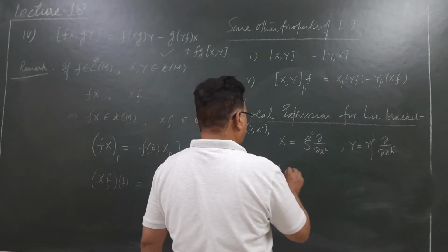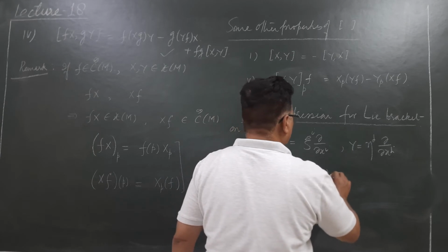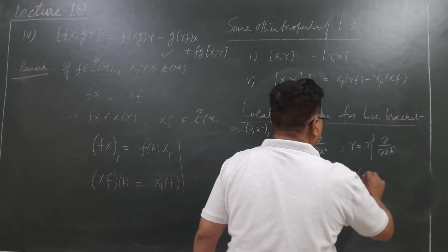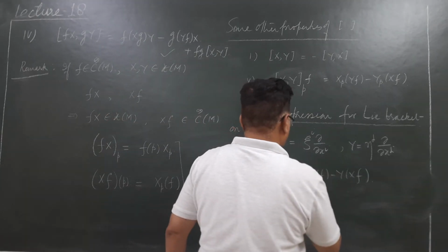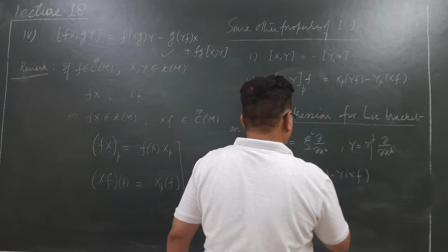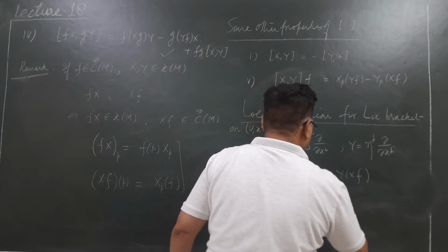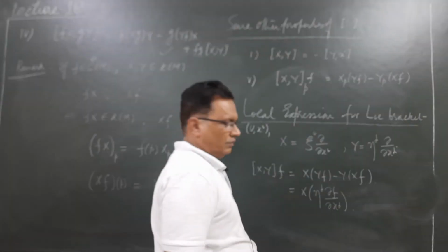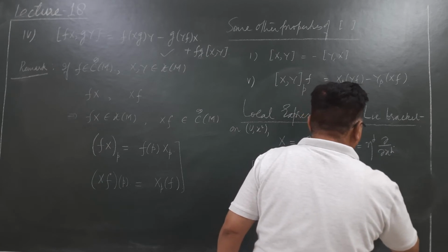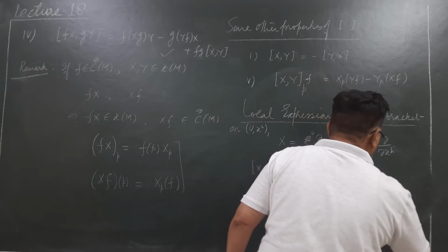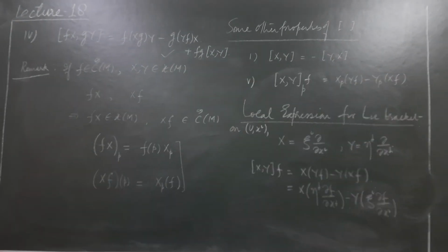So if I operate it on a function f, by definition it will be xyf minus yxf. Now xyf, y is this, so it will be eta j del f upon del xj, minus yxf will be xi I del f upon del xi. Okay. We need to simplify it further.